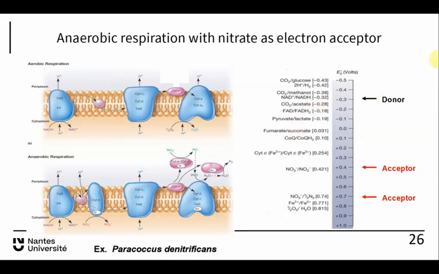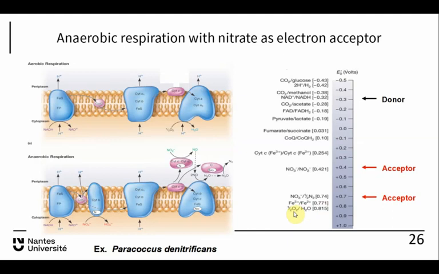And here, bacteria can use nitrate as the electron acceptor. Why does this work? Because the whole thing that is happening here is NADH is the electron donor, and the electrons have got to be pushed onto an electron acceptor. If you've got oxygen, oxygen is the best electron acceptor, so it's easy.